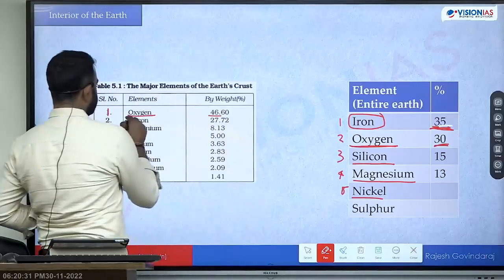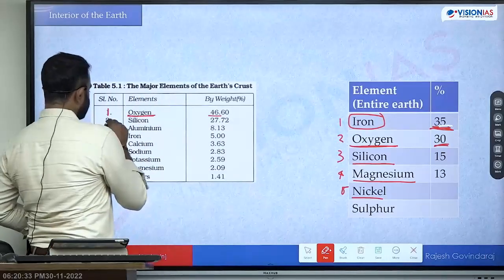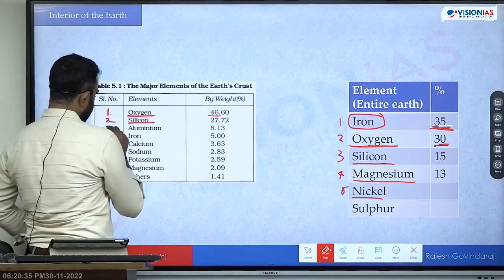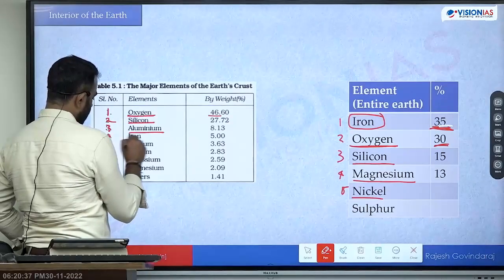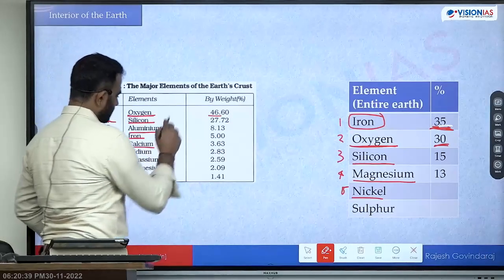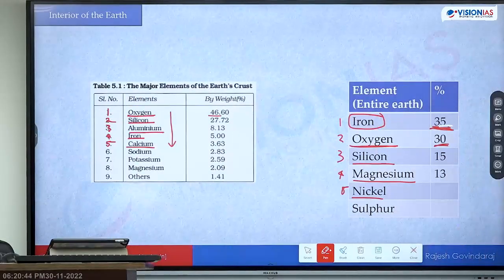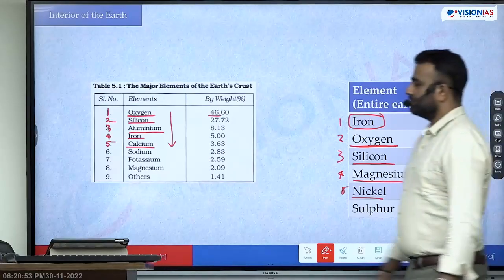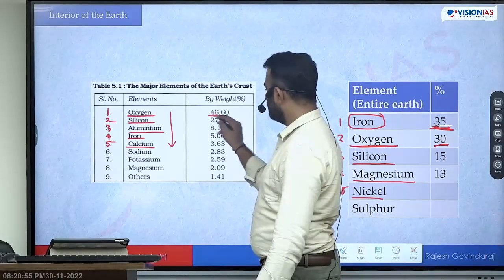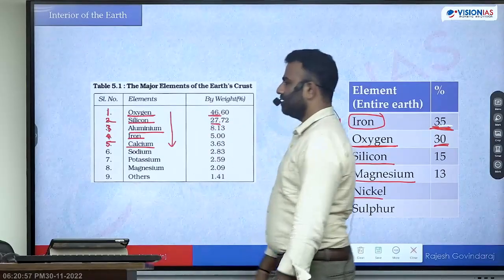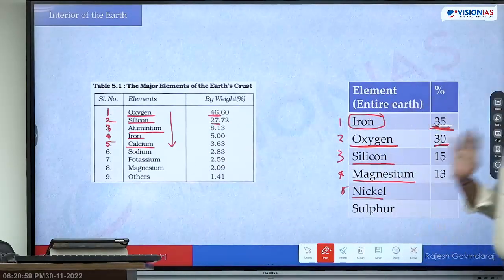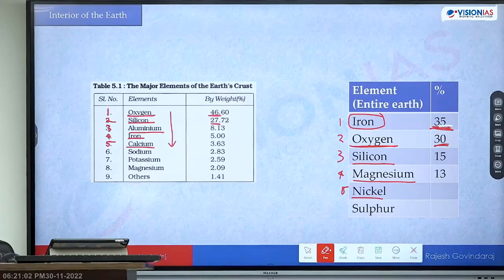So that is why oxygen has the highest proportion. Second one is silicon. Third, aluminium. Fourth, iron. Fifth, calcium. यहाँ पर भी 1 to 5 order याद रखना. So just remember the oxygen proportion, और चाहिए तो silicon भी याद रखो काफी है. यहाँ पर दो, बाकी सारा order याद रखना. No need to remember the proportion.